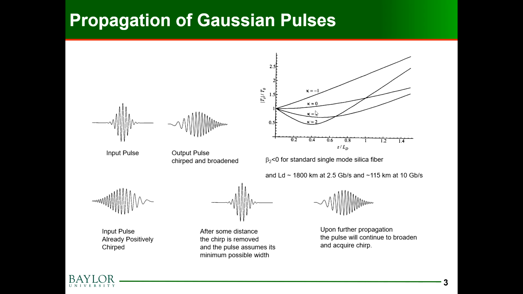However, if we have opposite chirp, then the pulse width could be narrower at the beginning, but eventually it always goes up. You can see in this case the slope is faster than the original one. In the end, it will still increase.